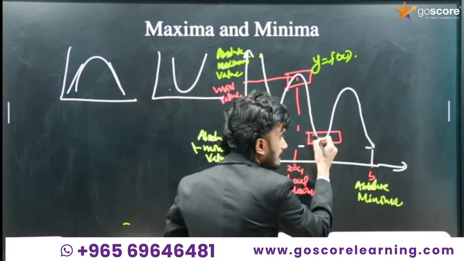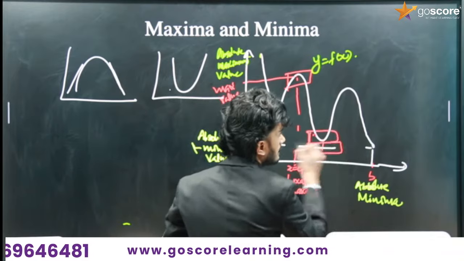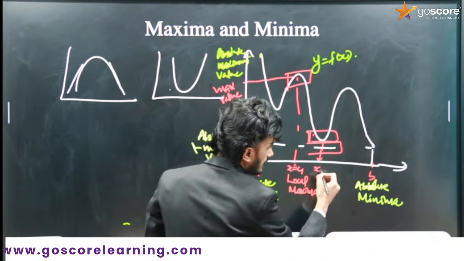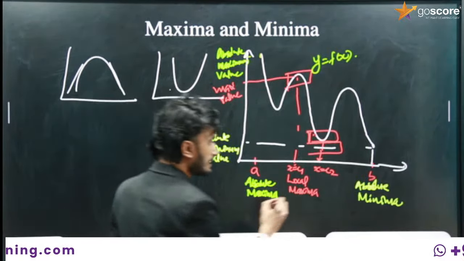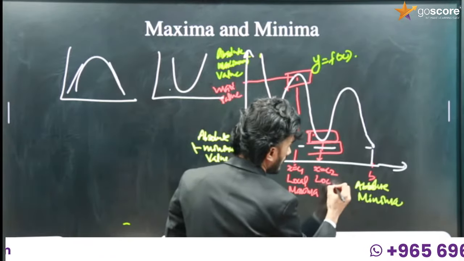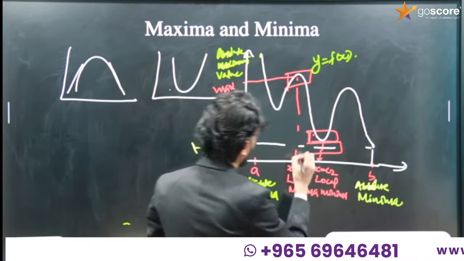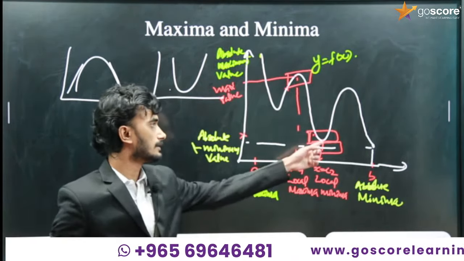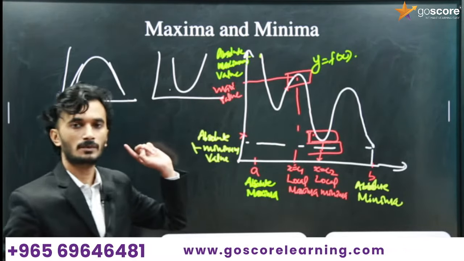I am taking x is equal to C2. So this one is called local minima. That value, on this axis, is called the local minimum value.